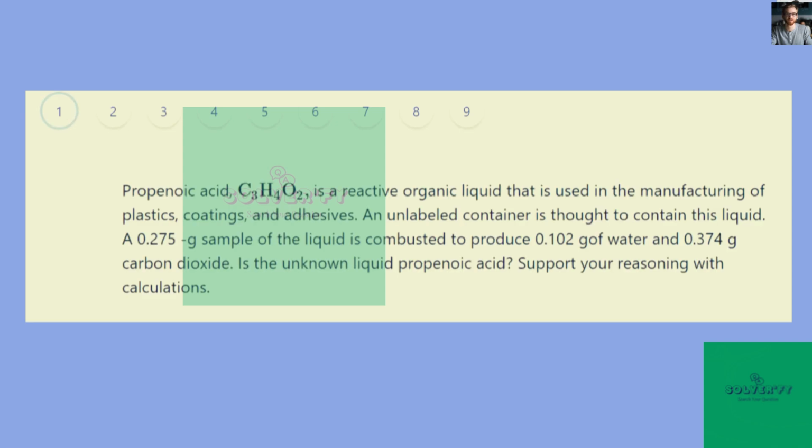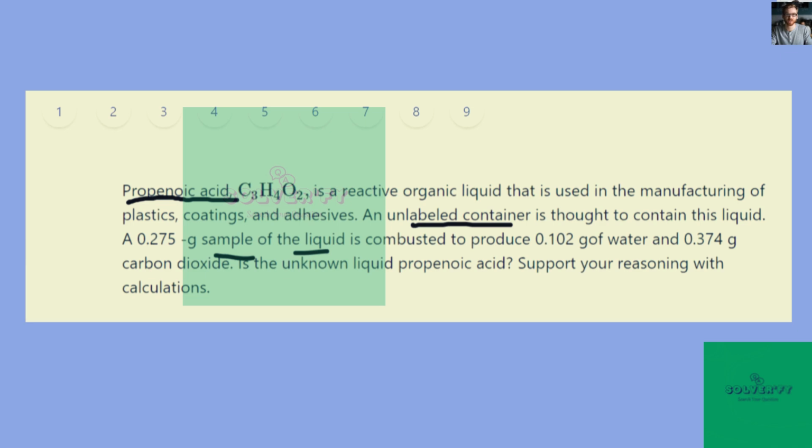So in this problem, we are given a sample of a liquid which is contained in an unlabeled container and which is thought to contain propanoic acid, but it is not sure whether it is propanoic acid or not.